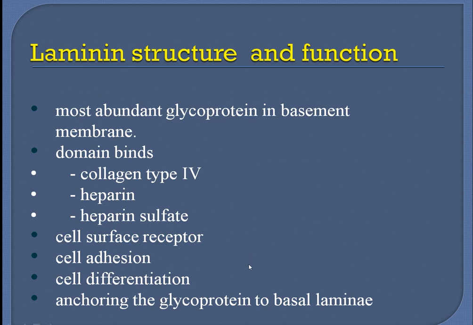Now laminin. It is the most abundant glycoprotein in the basement membrane. Its domain binds collagen type 4, heparin, and heparan sulfate. It helps in cell surface receptor function, cell adhesion, cell differentiation, and anchoring the glycoprotein to the basal lamina.